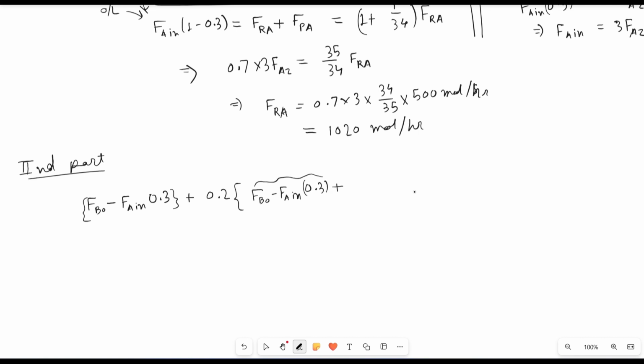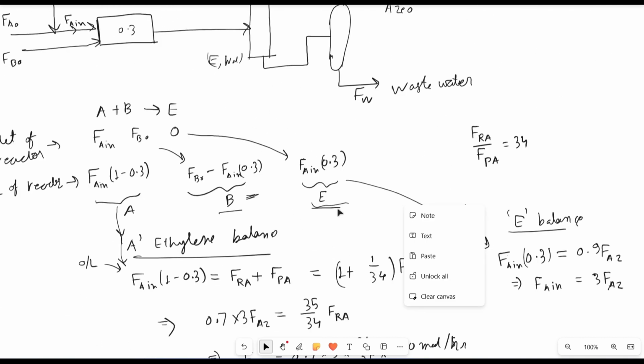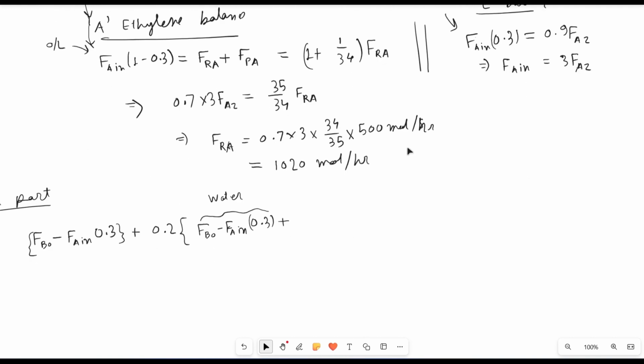Water plus ethanol is this one, FA in into 0.3. This is the ethanol outlet, and this is the water outlet.